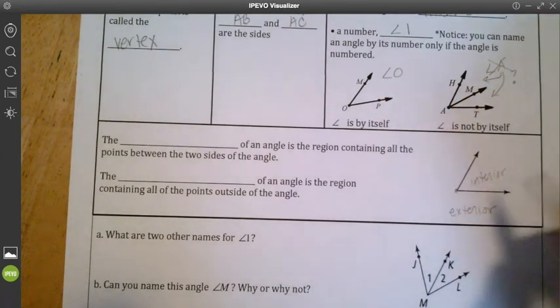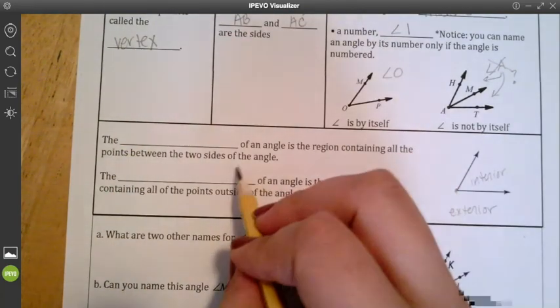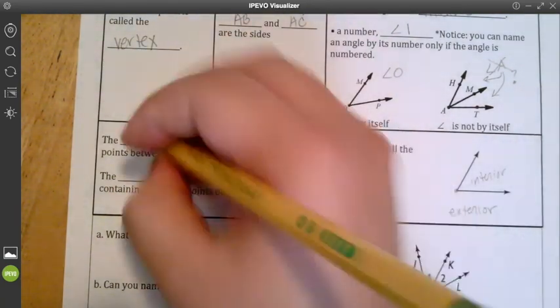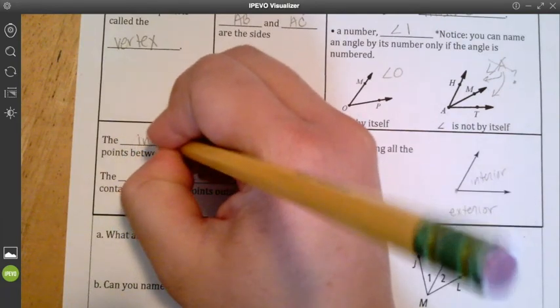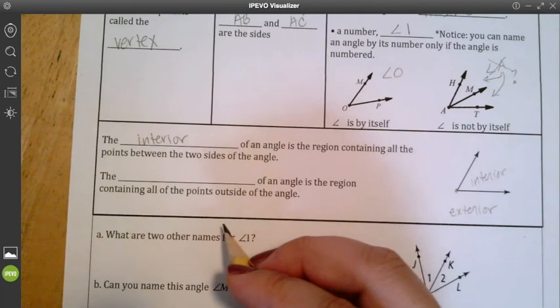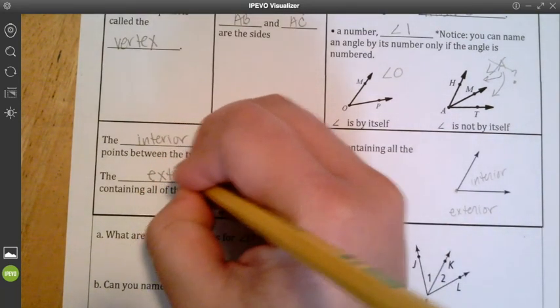So the part that's smaller is the interior, the part that's larger is the exterior. Think about the inside of a crocodile's mouth, interior. So the interior of the angle is the region containing all the points between the two sides of the angle, and the exterior of the angle is the region containing all of the points outside of that angle. So this is exterior.